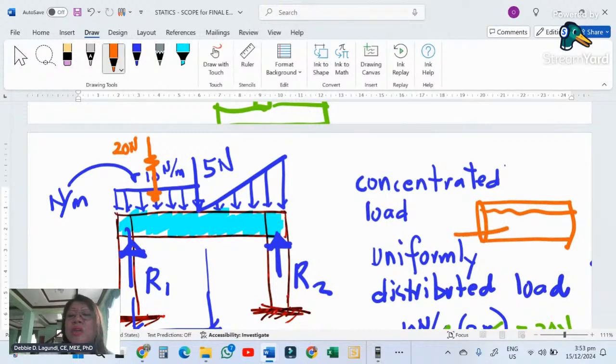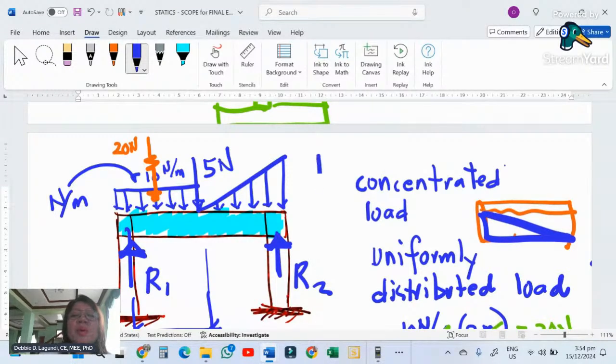The pressure is highest at its bottom. We can illustrate it this way. It will be highest on its bottom.